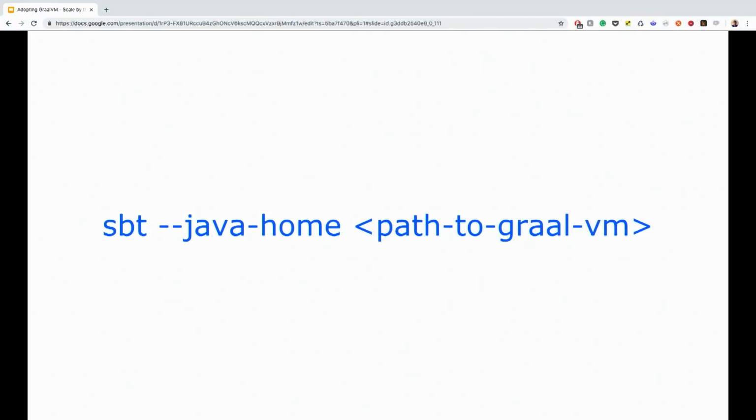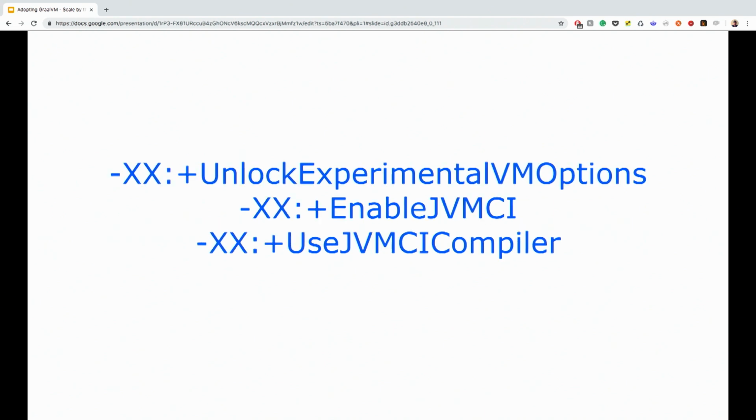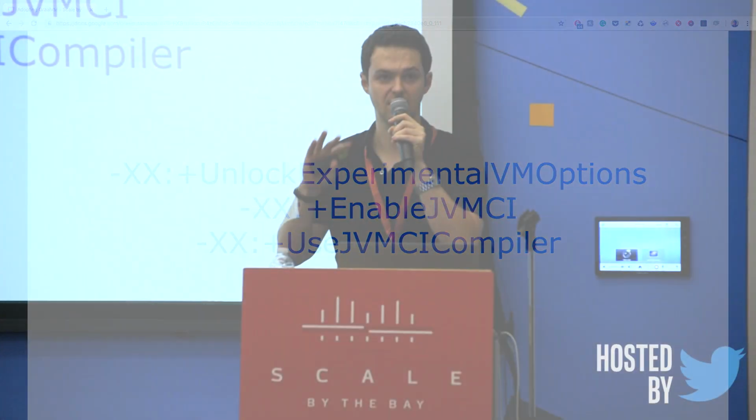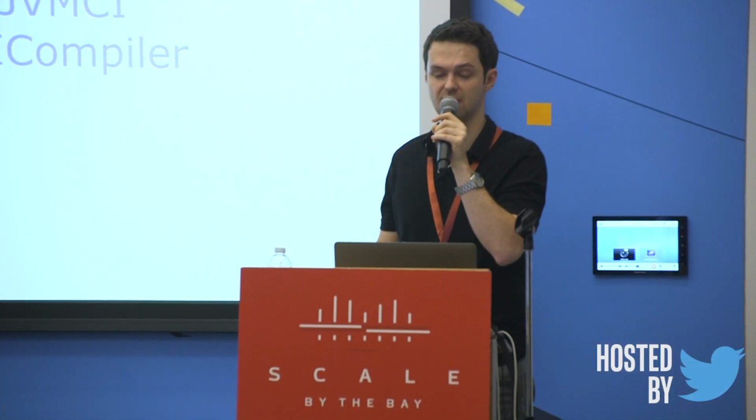So if you're using SBT and want to start using Graal, you just need to reference a correct archive like this and pass these flags. As you can see, it is still marked as experimental, so let's set up the expectations correctly.